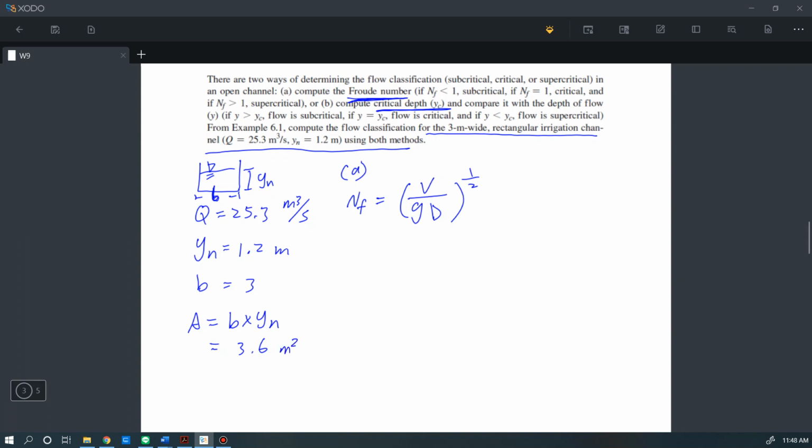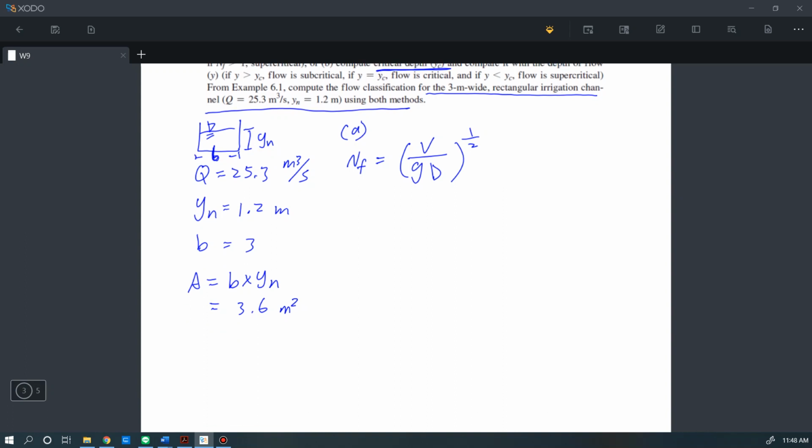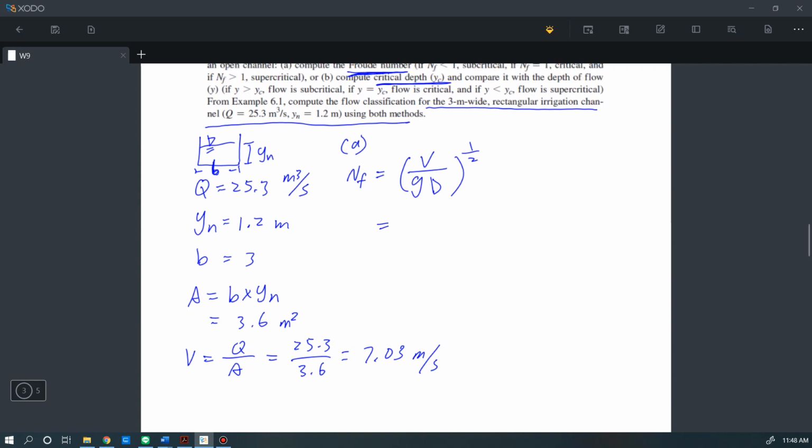So the area is 3.6 square meter. Okay, and we know that the velocity in that channel will be equal to the flow rate divided by the area. So it's 25.3 divided by 3.6, and this gives us 7.03 meter per second. Okay, so we now have everything that we need for this equation to calculate the flow number, and we just plug in the numbers.